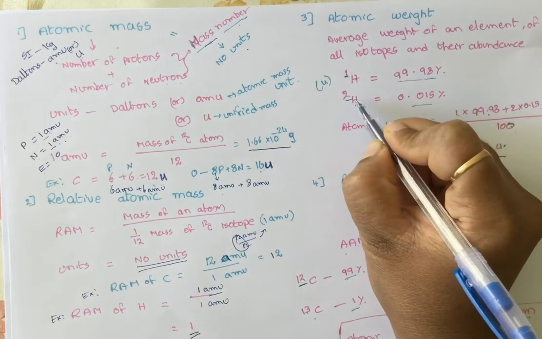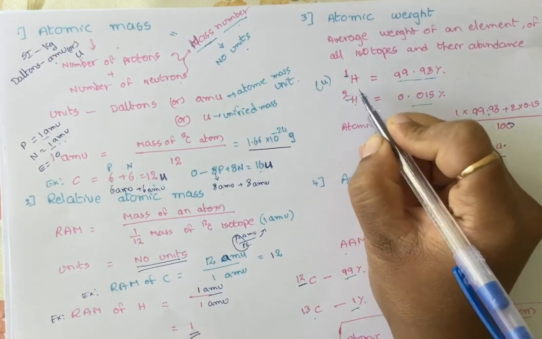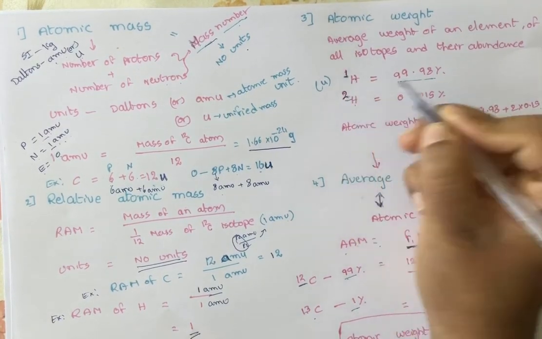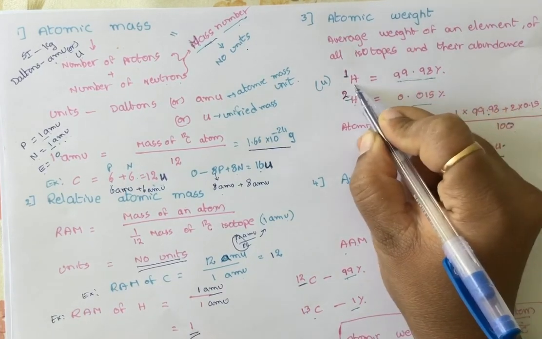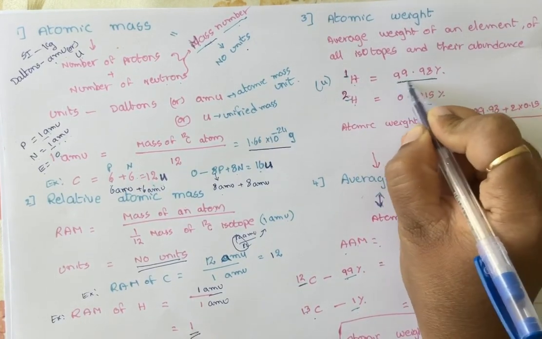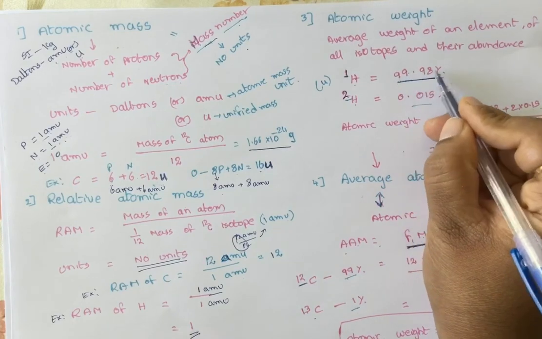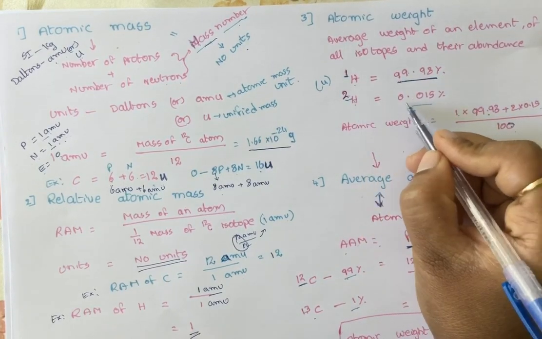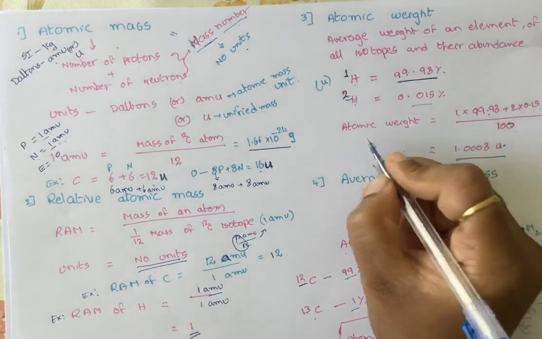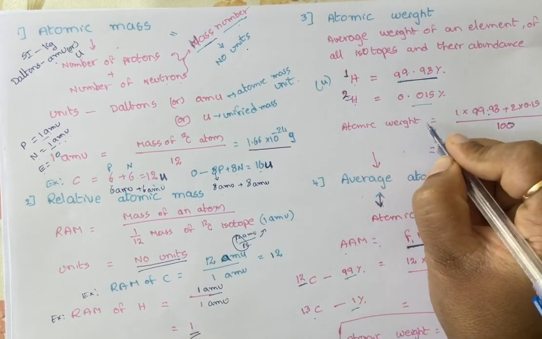For example, hydrogen has 2 isotopes, H1 and H2. Their abundance in nature is 99.98% for hydrogen, whereas deuterium is only 0.015%. How can I calculate the atomic weight of hydrogen?